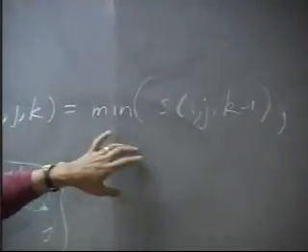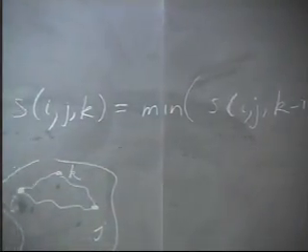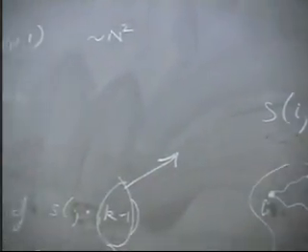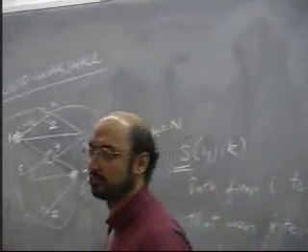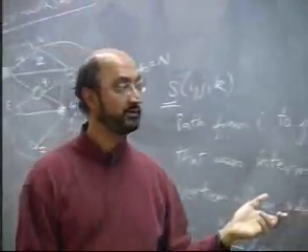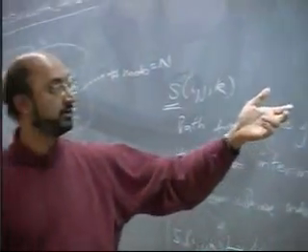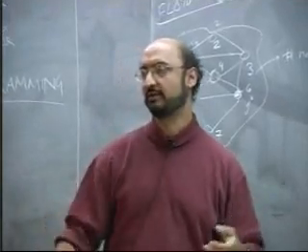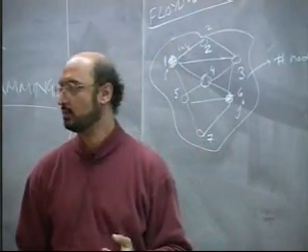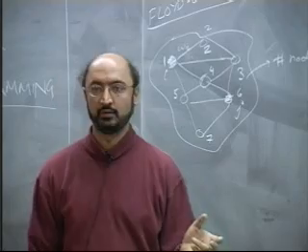And simply by doing this n times, I can find the value. So it's an order n cube algorithm, and that gives me the shortest path from i to j using dynamic programming. It's not going to be exponential, it's polynomial, it's n cube. Any questions about this so far?